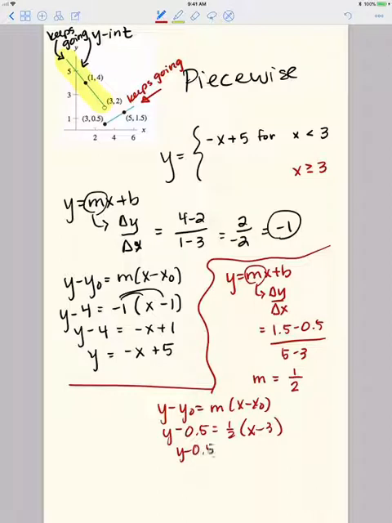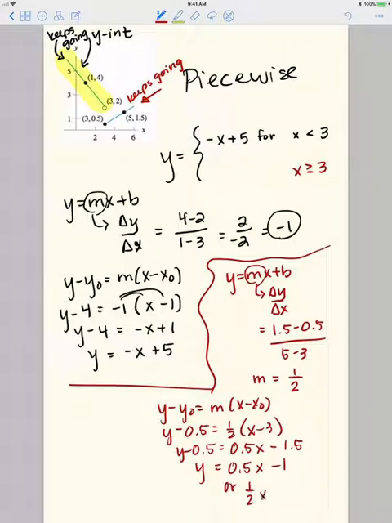So it's y minus 0.5 equals, we'll do 0.5x minus 1.5.